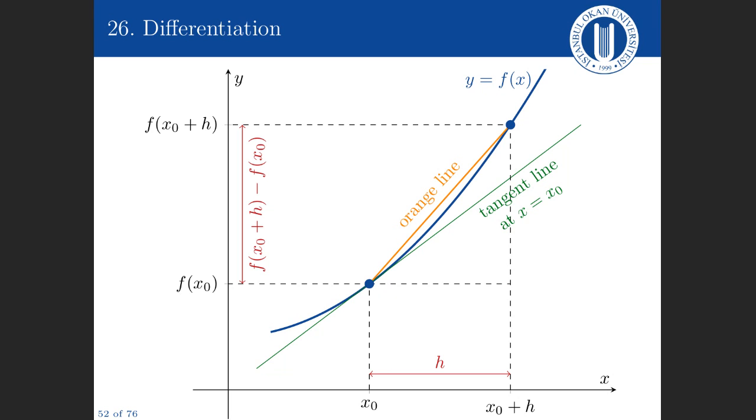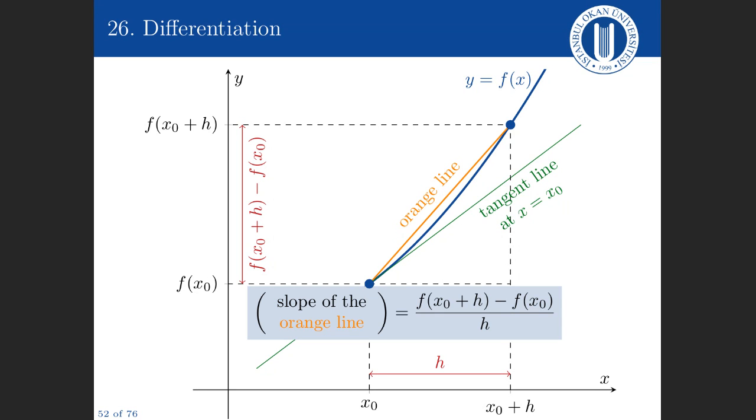The width of this triangle is h, and the height of this triangle is f of x0 plus h minus f at x0. So we know the slope of the orange line. The slope of the orange line is the height of the triangle divided by the width of the triangle, or f of x0 plus h minus f of x0 divided by h.